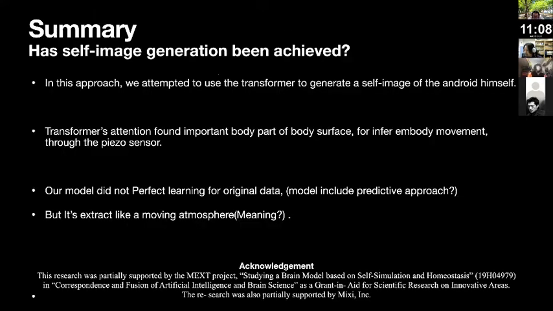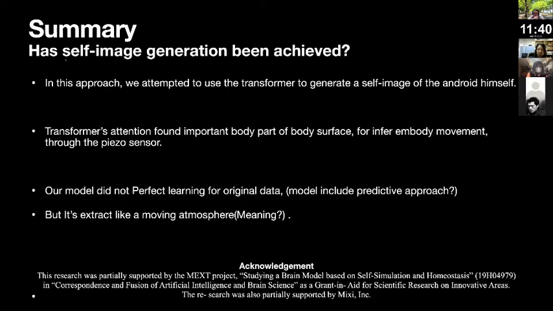This is the summary. Self-image generation has been achieved. In this approach, we attempted to use transformers to generate a self-image of the android itself. And the transformer's attention found important body parts for inferring embodied movement through the piezo sensors.